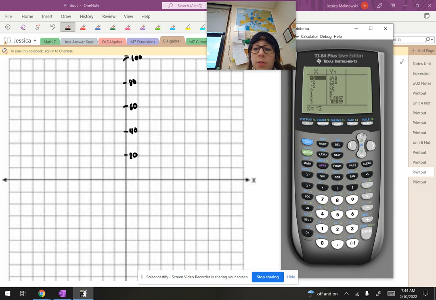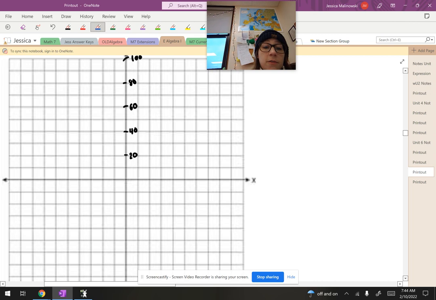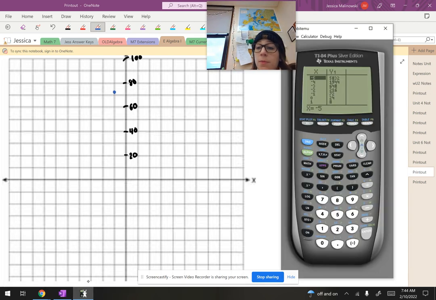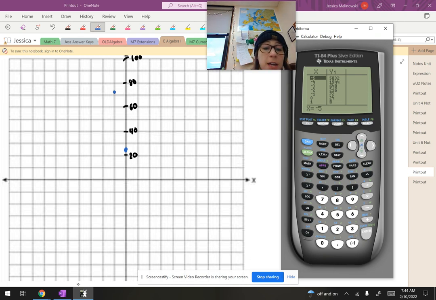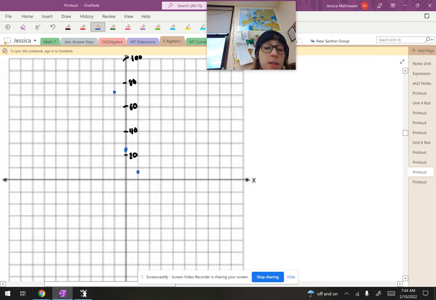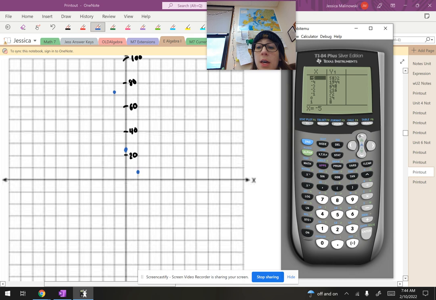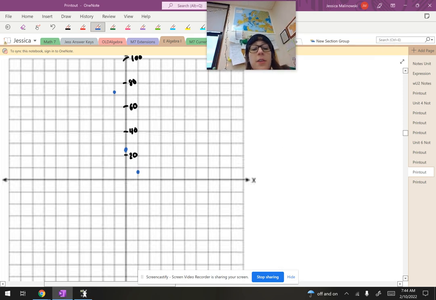Okay, so -1 is at 70-ish, so that's about there. 0's at 24, which is about there. Let me go down to 1/8, which is about there. And that's about all I can fit on there.